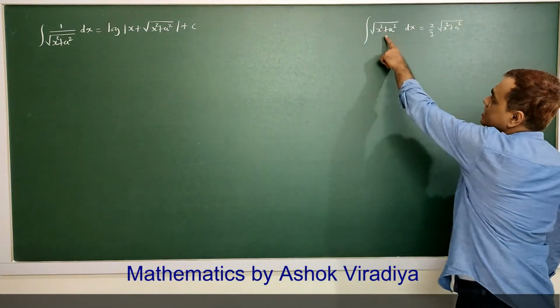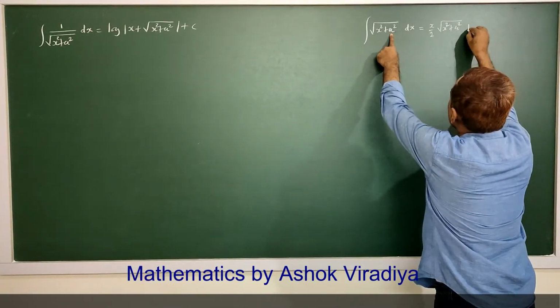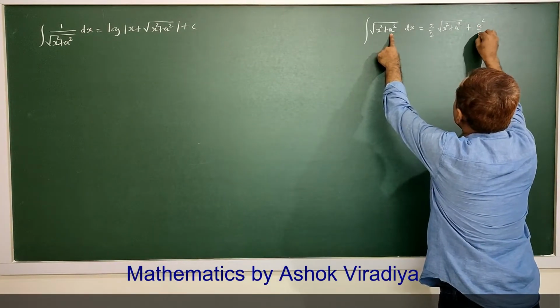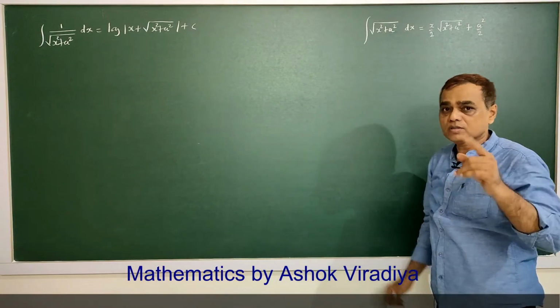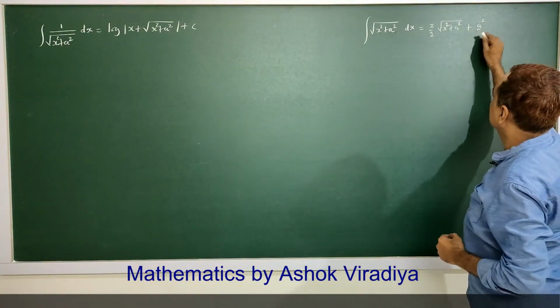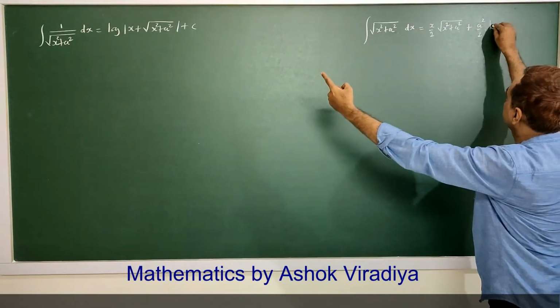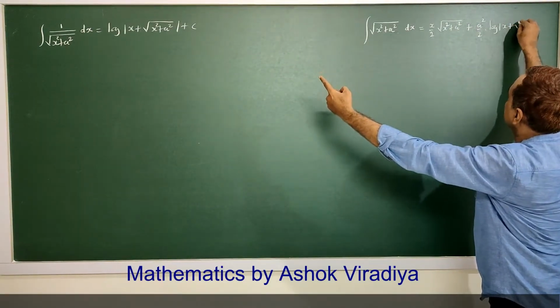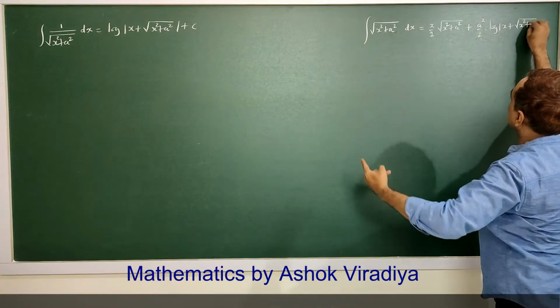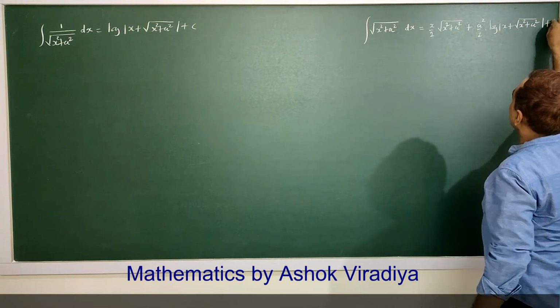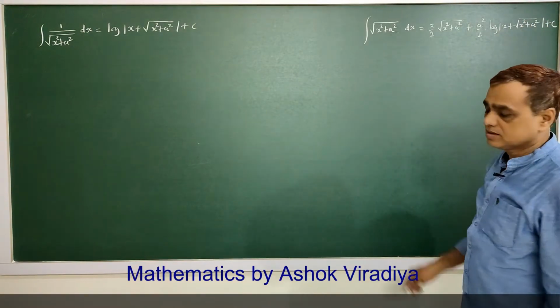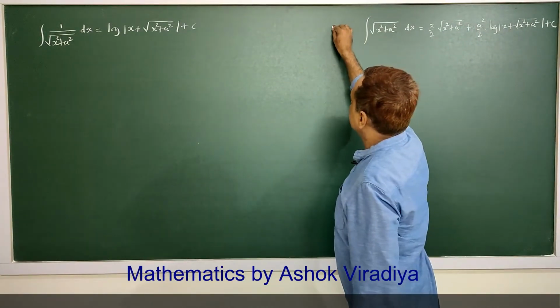Then plus a square by 2, then log mod x plus root x square plus a square plus c. So this is a new result.